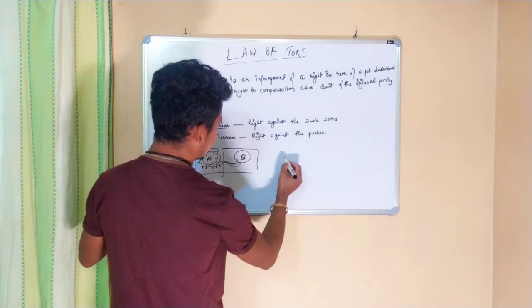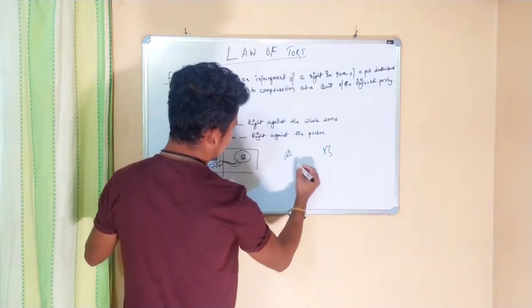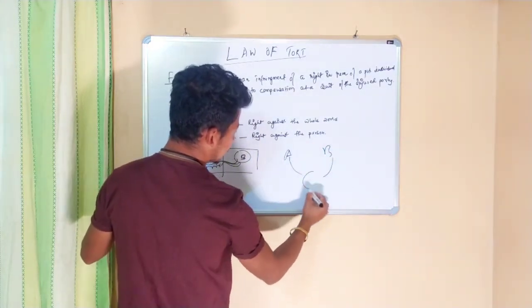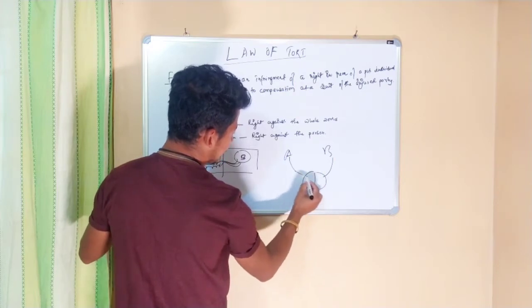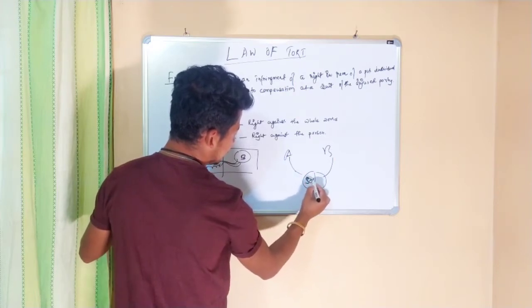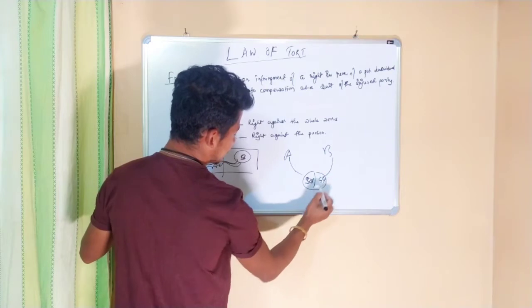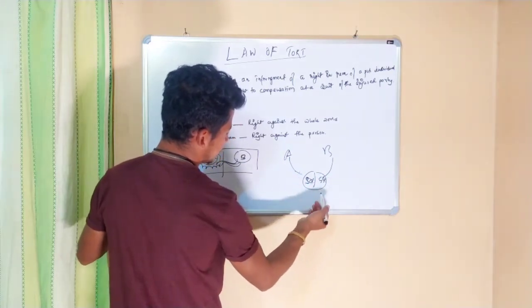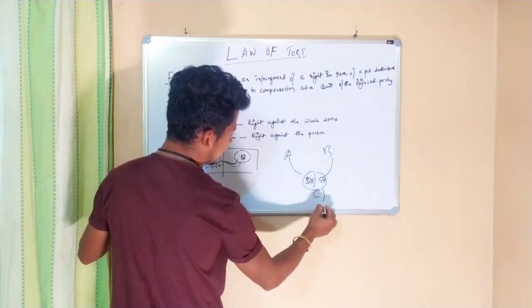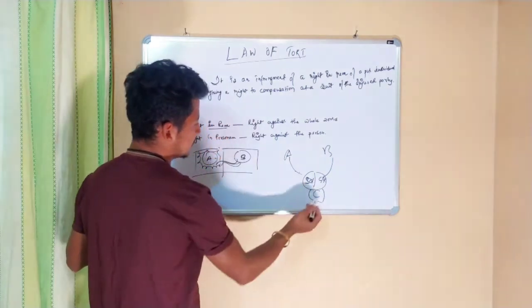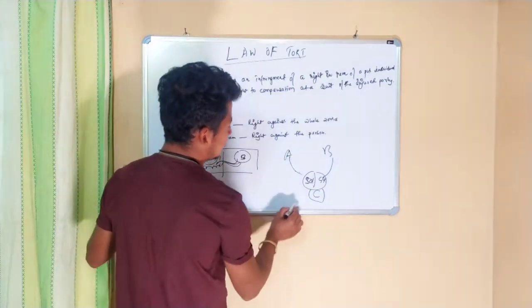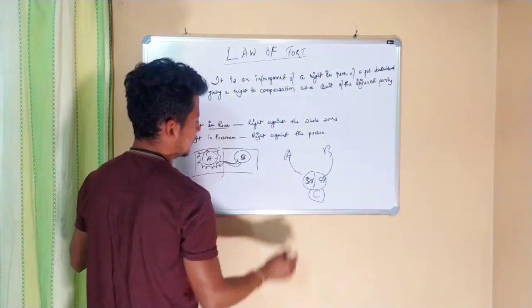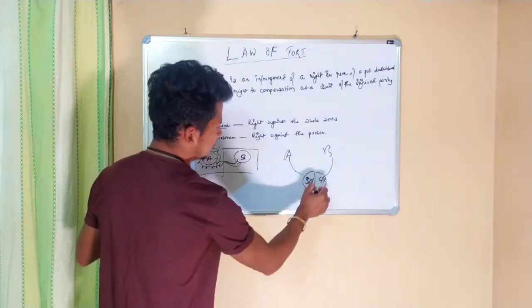Suppose A and B agreed to do certain things. A said, I will pay 50%, and B also said 50%. A paid 50% already. Let's suppose it is for C, for the benefit of C. A has already paid 50%, but B did not pay.